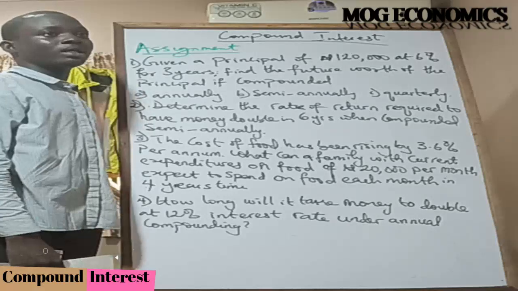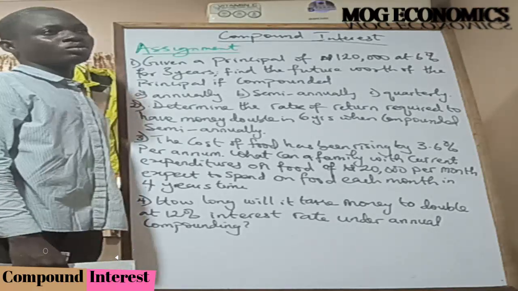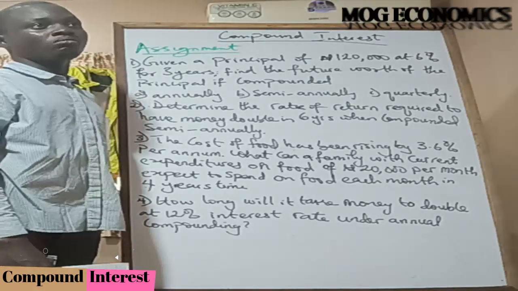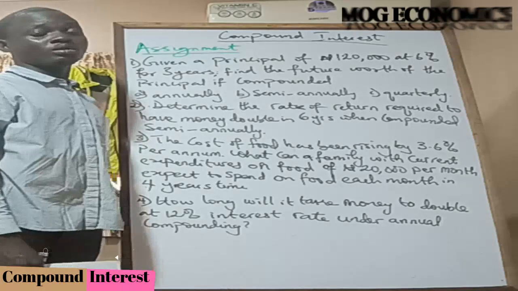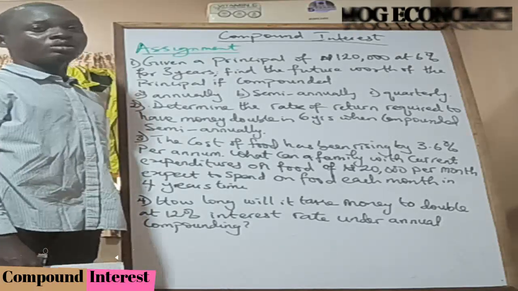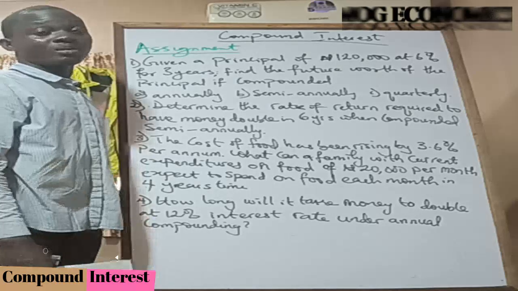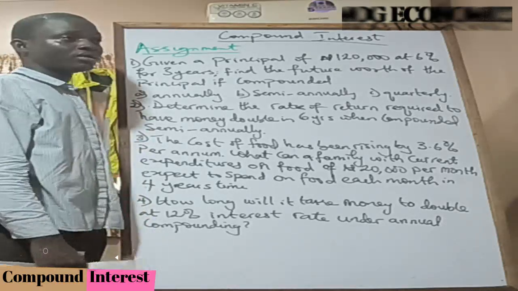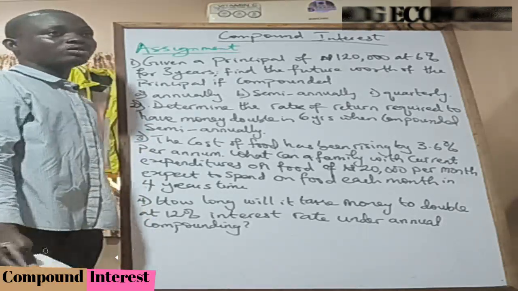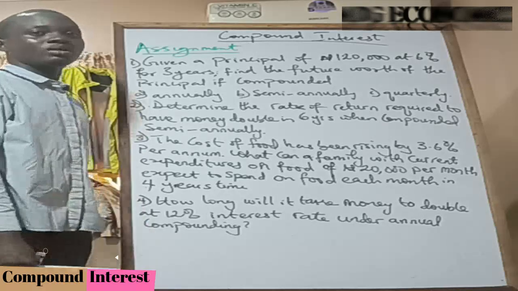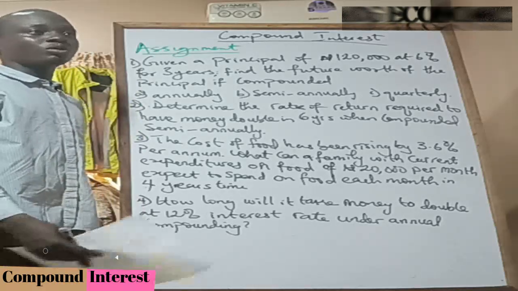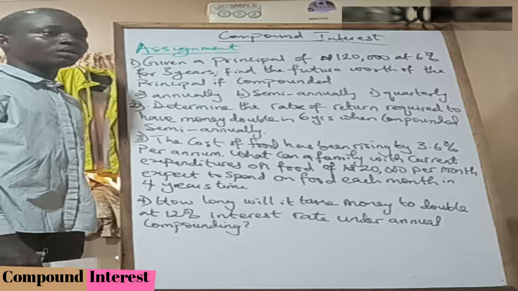In that case, I think we might have to use the compound interest formula to solve that. So that's what I'm thinking. For 62 days, that's going to be about 2 months, or if it was compounded twice, that means your capital is made to worth more, like two times in a particular year.